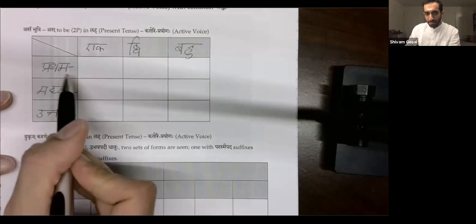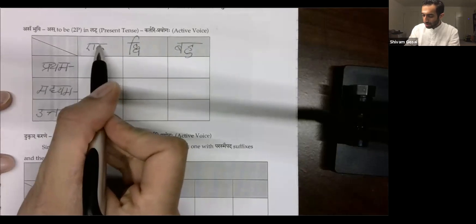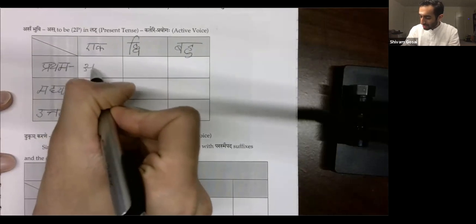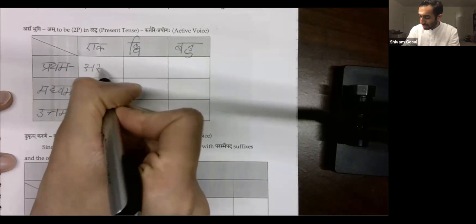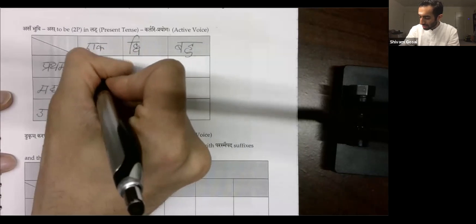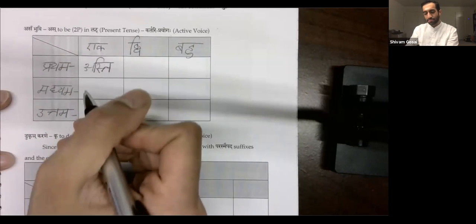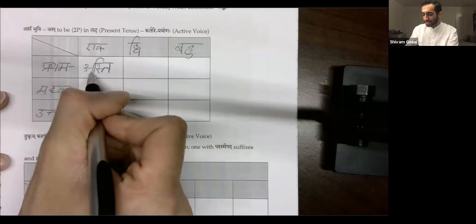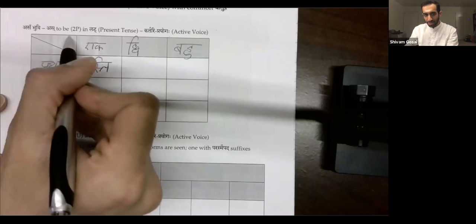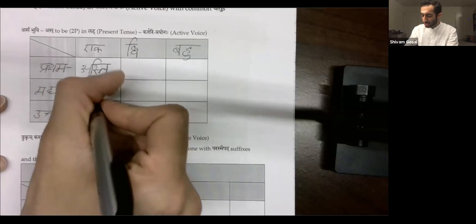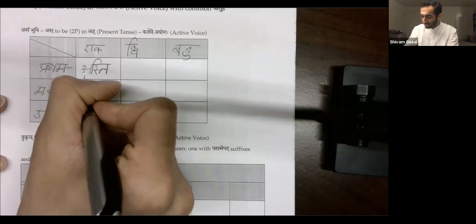Prathama purusha ekavachanam for as dhatu is asti. This is the most simple. You must have heard this a lot of times. This is very, very common. You'll see asti. Asti is from as, to be, meaning he is or it is.